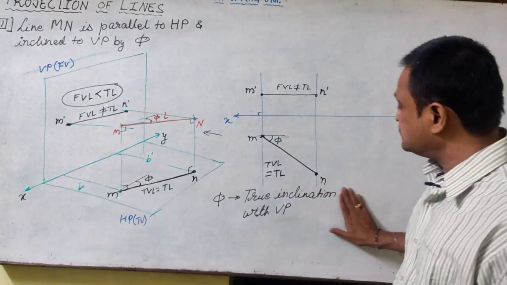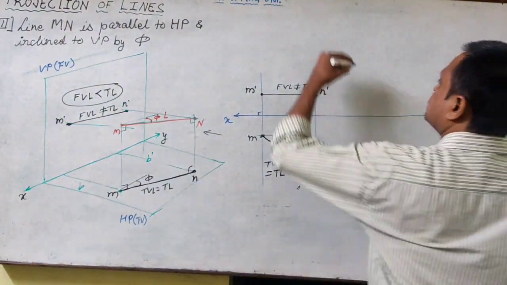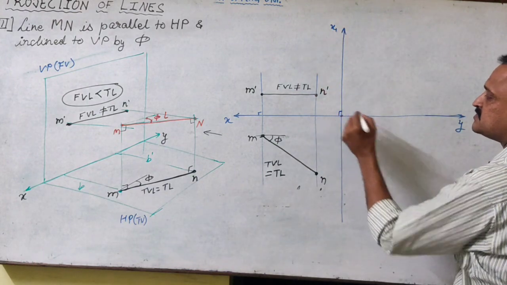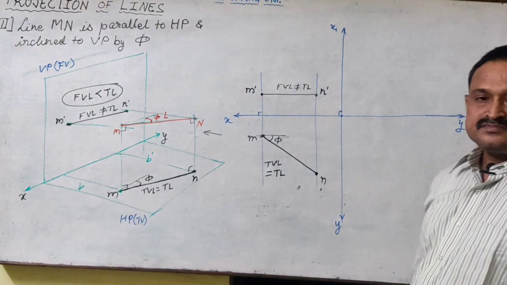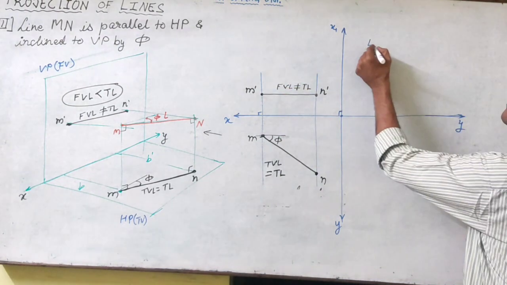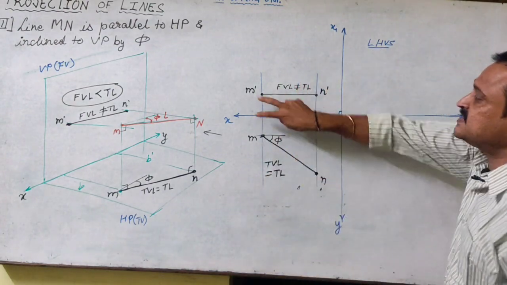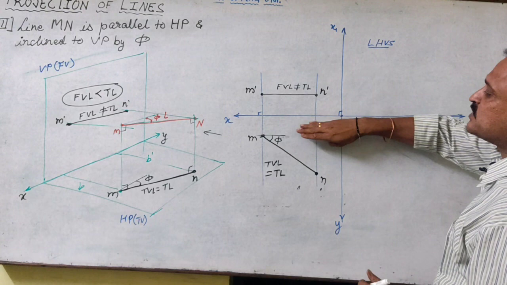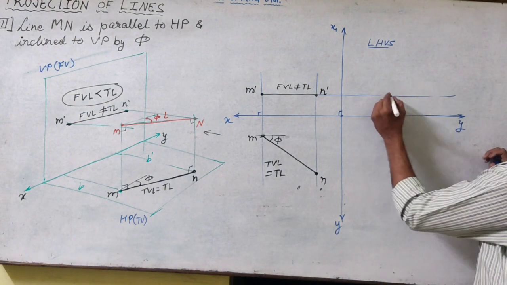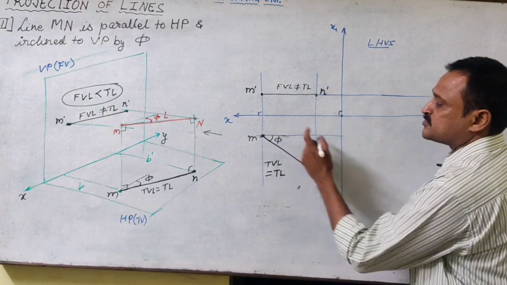Acha. So now we can see how we can get the third view, that is the profile view, for this condition. So again we draw the new reference line X1Y1 which will be perpendicular to XY. Right? So for profile view, for left hand side view, it will always be to the right in the first angle method. So we will drag the height of M and N parallel to XY, so I can match the roller scale with XY, roll it to M and N, and we can draw the locus of M and N. Then we will draw the locus of M for the top view.